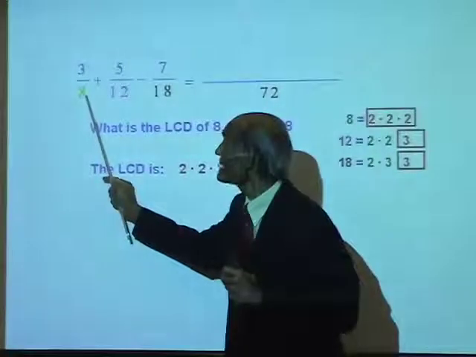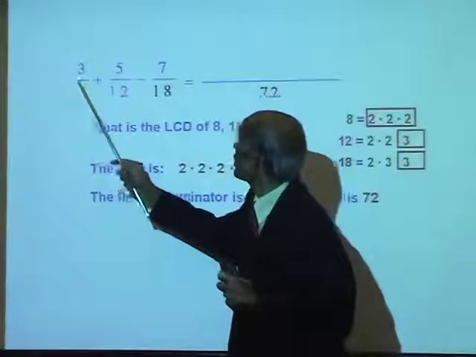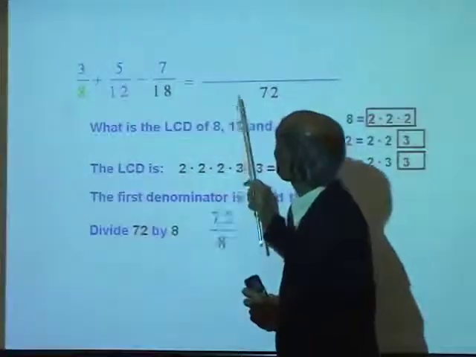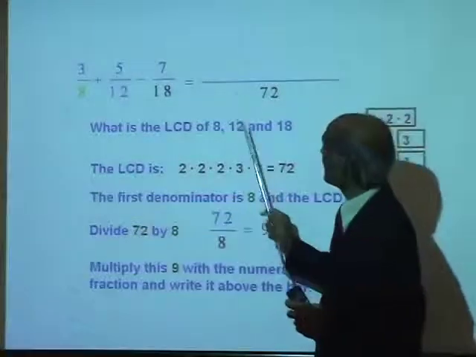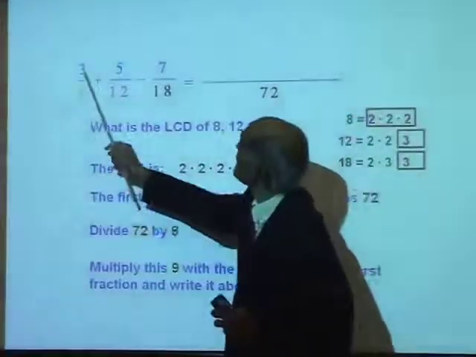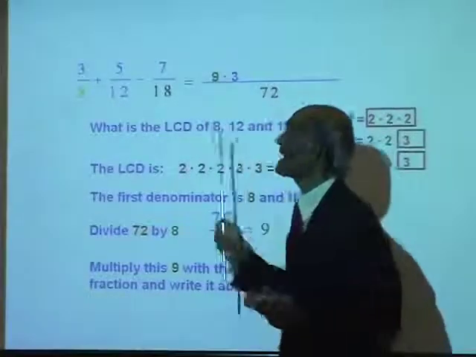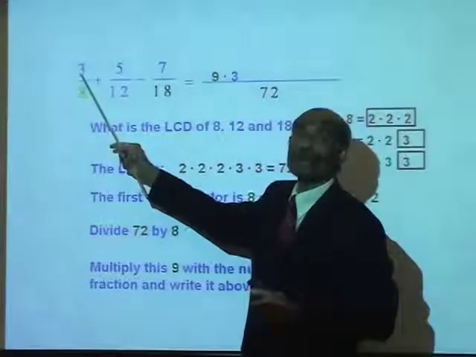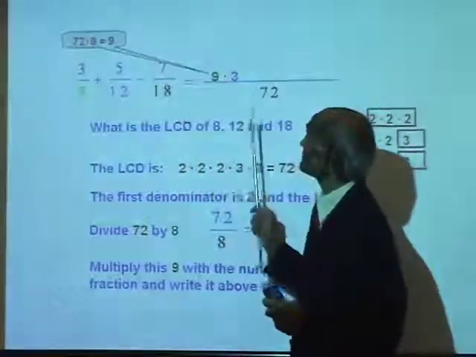What do we do with that 9? Multiply that numerator. So that will be 72 divided by 8 is 9. And multiply that 9 with this 3. 9 times 3 is our first number on the numerator. Follow that up with the plus sign.